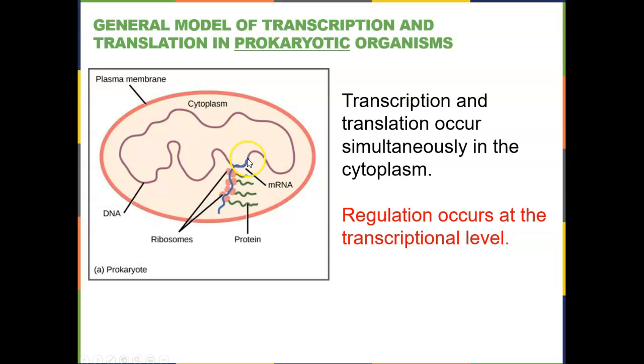And when this is transcribed to make its messenger RNA, this blue ribbon, we see that because there's no barrier of a nucleus, that messenger RNA can then enter right into some ribosomes, and the ribosomes can start reading it and converting that messenger RNA into the needed proteins. So how do we regulate this process? Well, because it's all happening at the same time in the cytoplasm, we're going to regulate that right at the transcriptional level, and we're only going to make the messenger RNAs that we need.